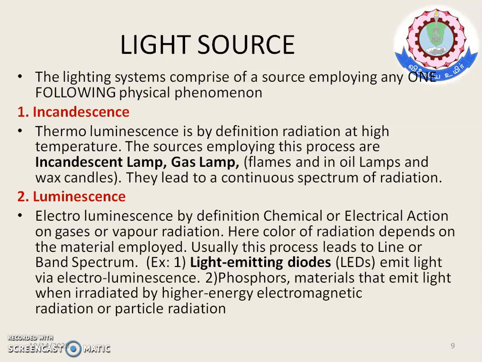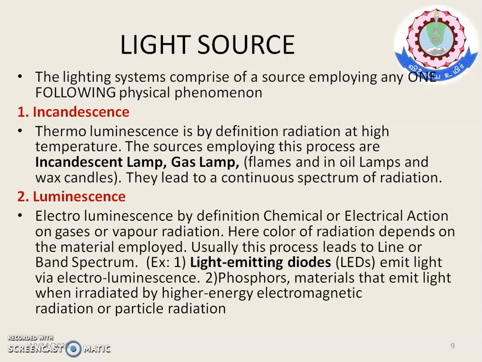Here we are going to discuss what the sources are. We have only 4 sources, and whatever the light equipment or appliances may be, they work on any one among these 4 sources.